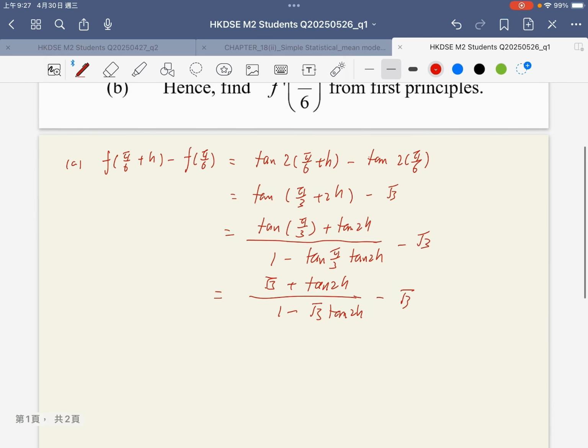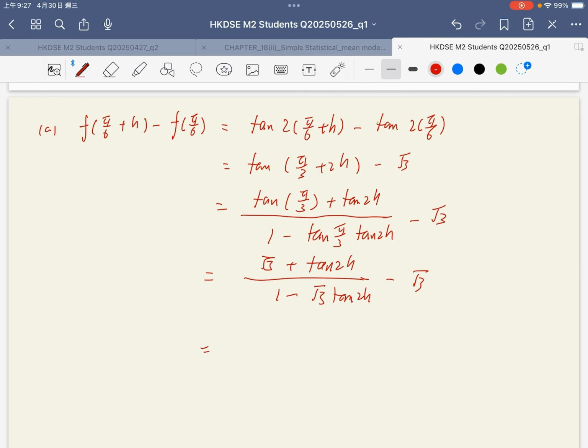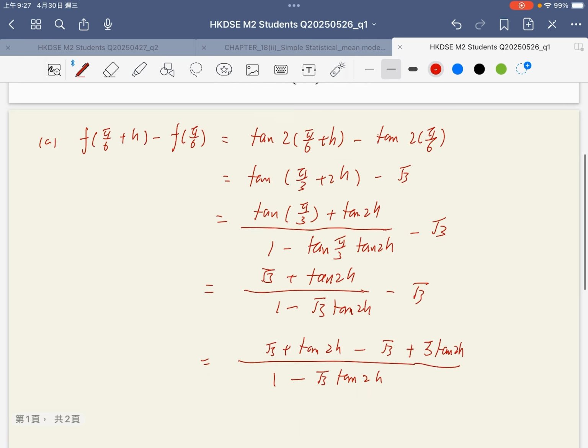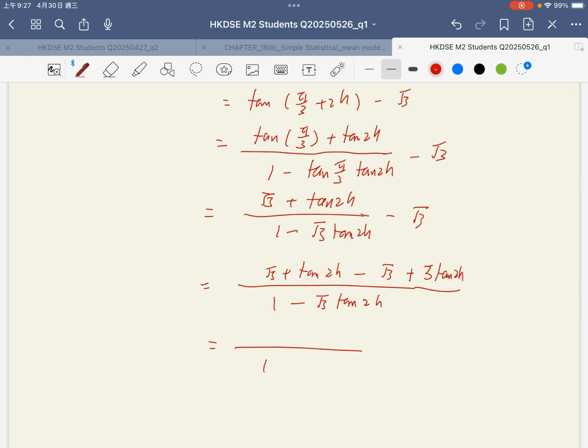Then the next step, make a common denominator: root 3 plus tangent 2h minus root 3 times (1 minus root 3 tangent 2h), plus 3 times tangent 2h. Yes, so nice. We got the answer.